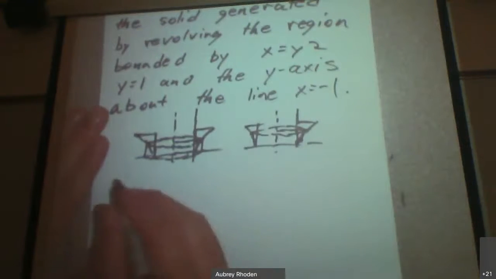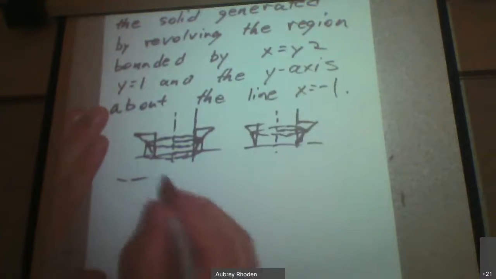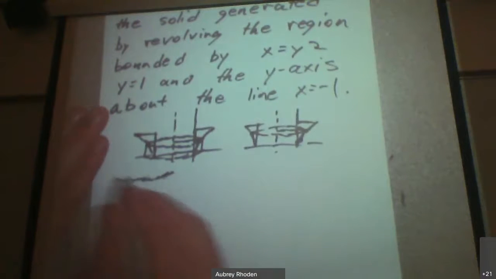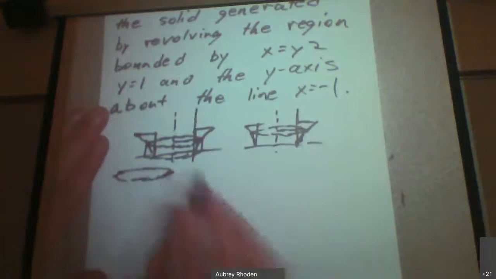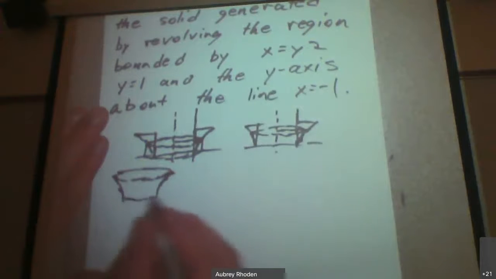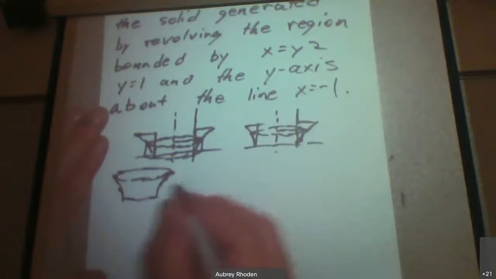So for this disk method, we're going to have to create a volume that is going to look like this. And so it doesn't matter which one you pick. So this is what gets created with the disk method.